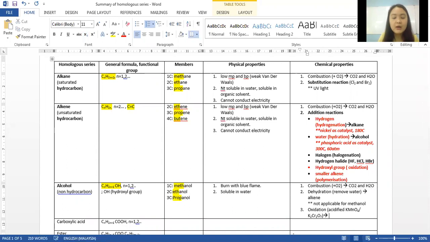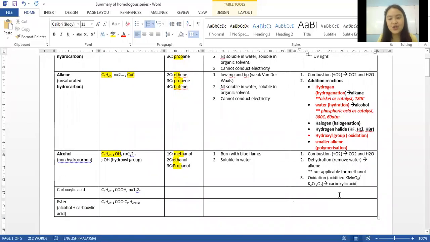Now the product of oxidation is carboxylic acid, which means to say, for example, if I have propanol and I perform oxidation, I will get propanoic acid. If I have ethanol and I perform oxidation, I will get ethanoic acid, so on and so forth.